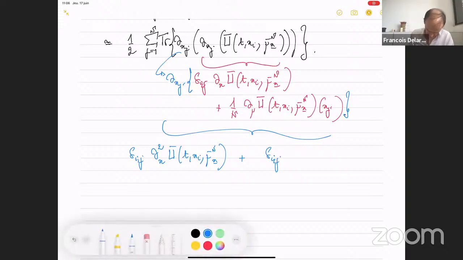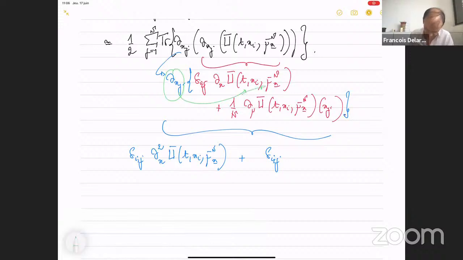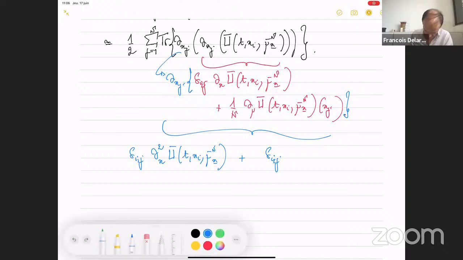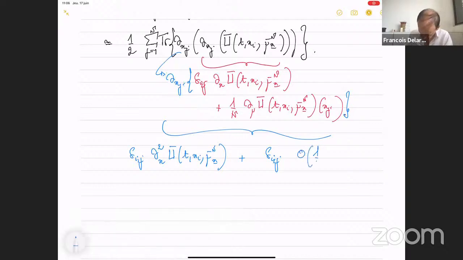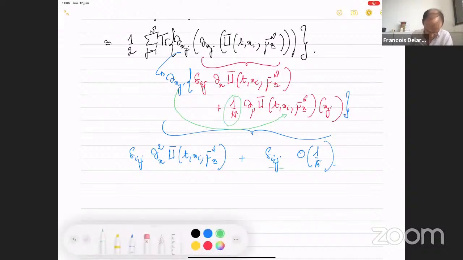This is if you're lost. So this is this one acting on this one here. But what I know is that when I take the Wasserstein derivative, I have 1 over n. So here I'm going to say that this is O of 1 over n. And since there is only one guy in the sum because of the Kronecker symbol, it's going to be put in the remainder. Now I have this derivative acting on this term. But again, this is only if i is equal to j, and then I get 1 over n. So I can forget about this one.